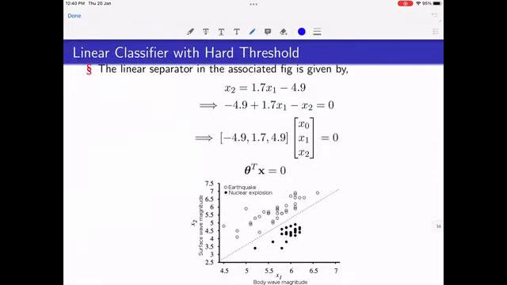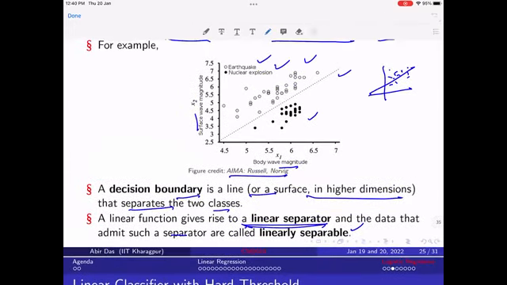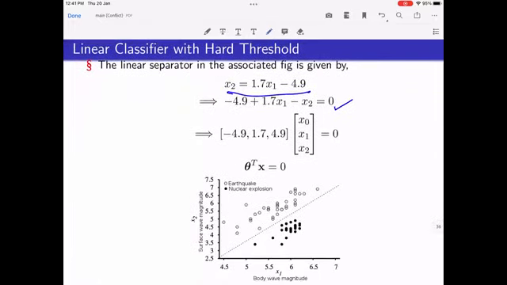So suppose the linear separator associated with this figure is given by this: x2 is equal to 1.7 x1 minus 4.9, which can be written equivalently like this. So the straight line that we have drawn here is parameterized or expressed as this. Sorry.